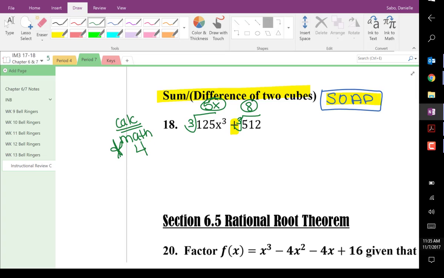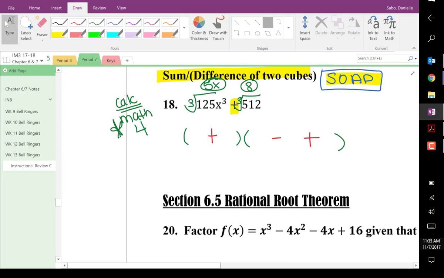So here we go. And try your best to write this down as best as possible. I'm going to have 2 groups of parentheses. I have the same sign, which is positive, opposite sign, always positive. I kind of just set up my signs to help me out. I'm using those magic numbers. I have 5x and I have 8.